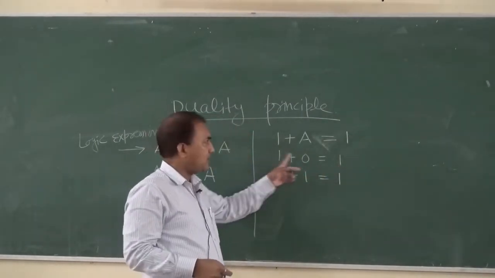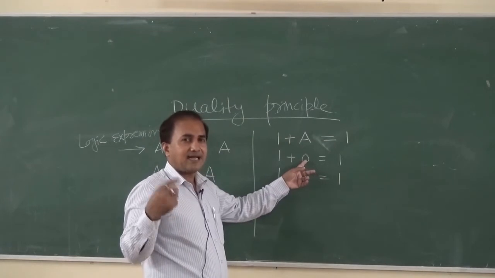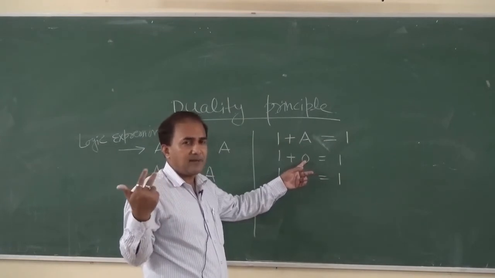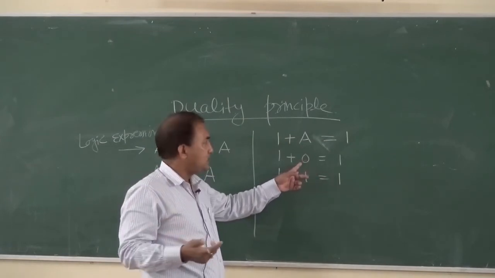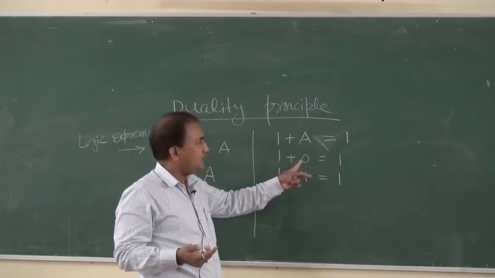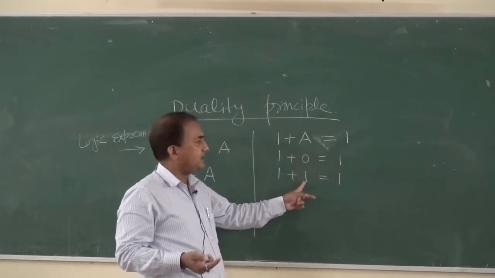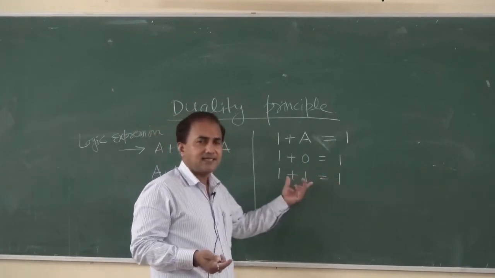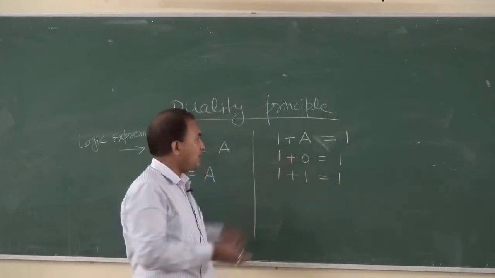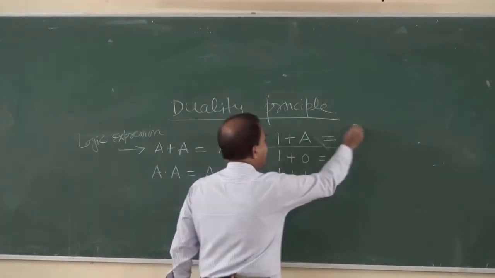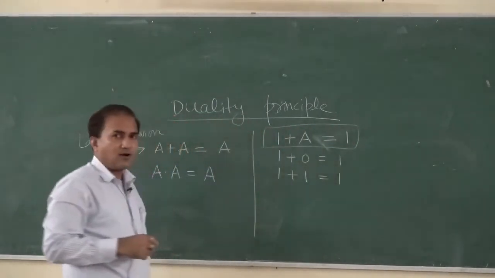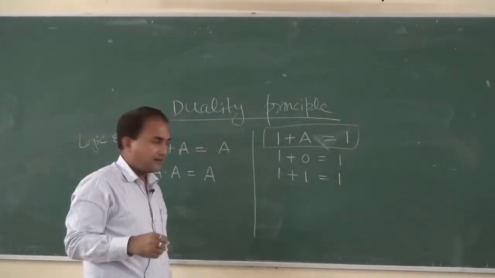Any variable has only two values, either 0 or 1. If it is added with 0, you still get 1, and if it is added with 1, it is logic 1. This is logic addition. So 1 plus any variable is always equal to 1.